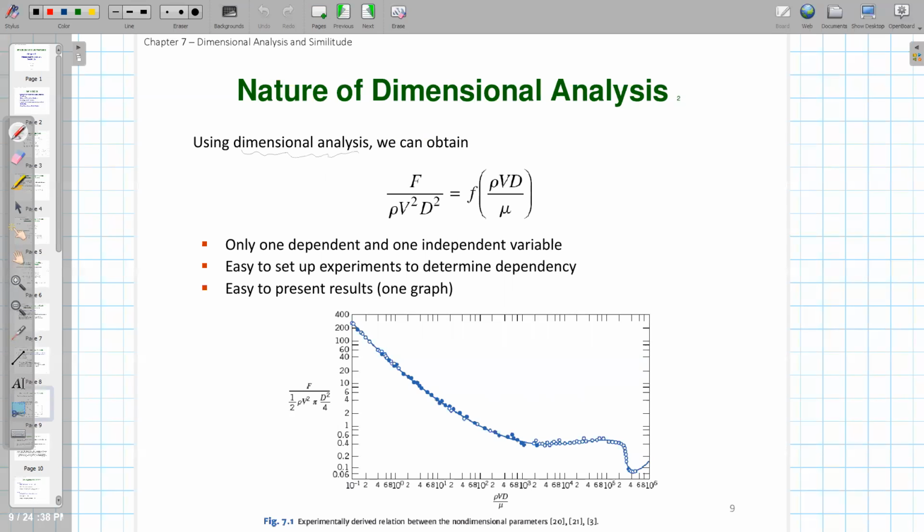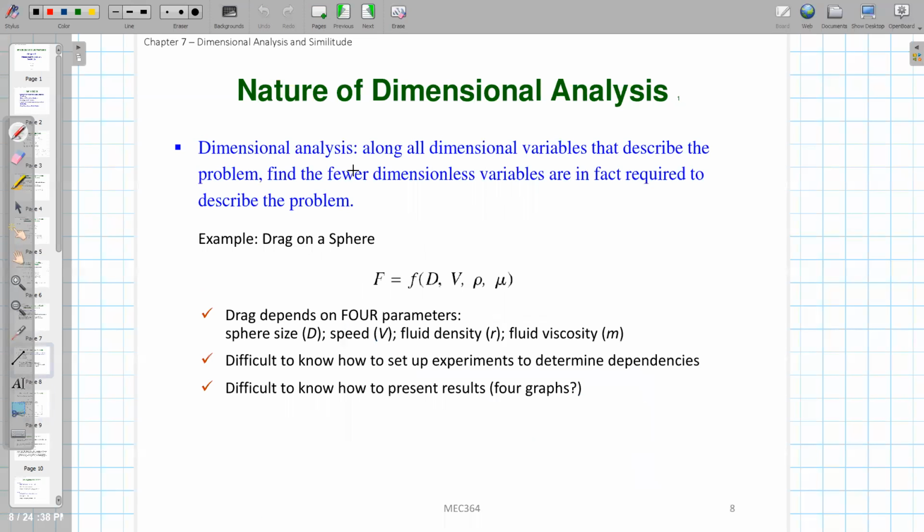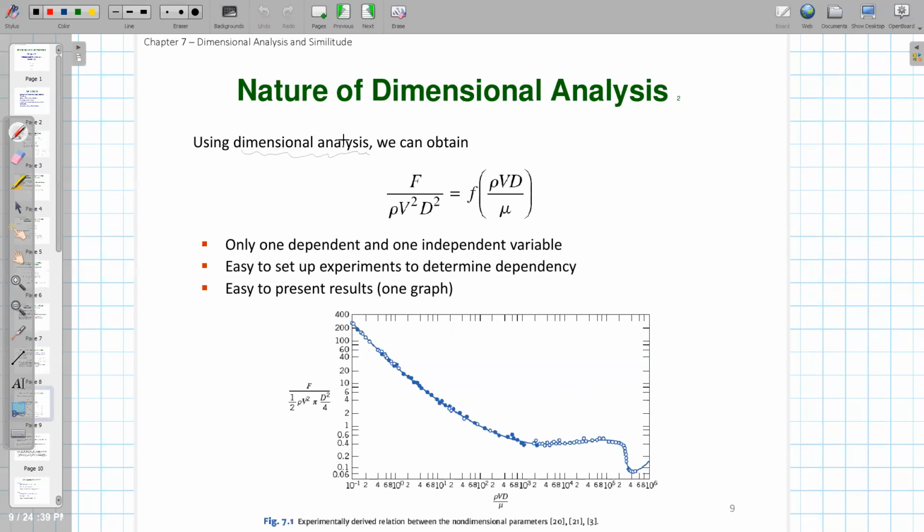After you do the dimensional analysis, you can reduce your problem to 2 non-dimensional parameters.